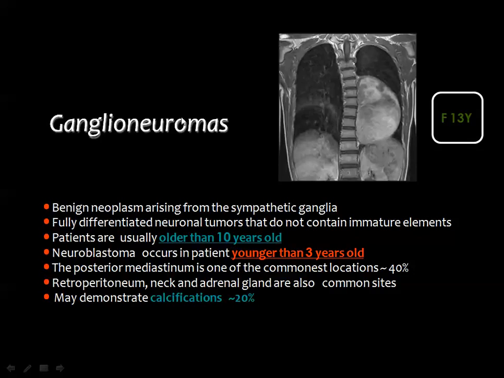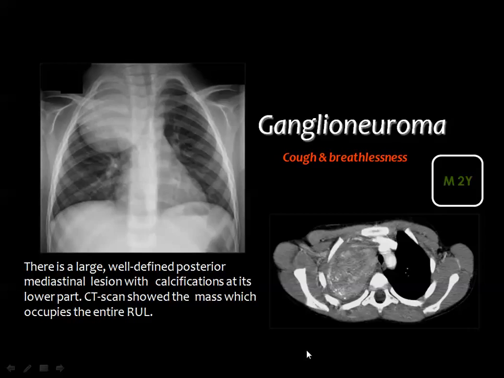But ganglioneuroma has a lower incidence of calcium matrix calcification, in the range of 20%, compared to the neuroblastoma, which contains calcium in about 85% of the lesions.